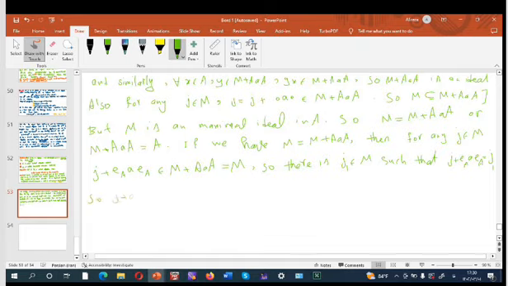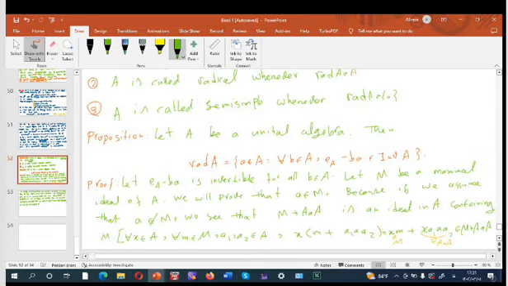So J plus A equal to G1, consequently A equal to G1 minus J, and this is an element of M. And this is a contradiction because we assume that A is not an element of M, okay?